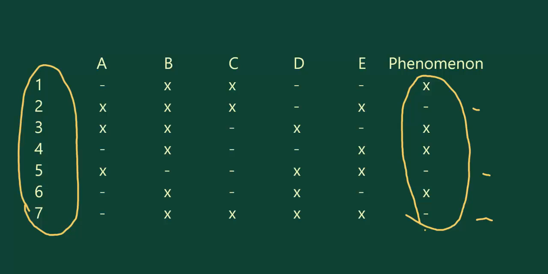Well, since we have several cases, it can't be that this is the method of difference, because the method of difference only has 2 instances, 2 cases. And because the phenomenon doesn't occur in each of those cases, all 7 of them, it can't be the method of agreement. So what we're dealing with here is the joint method.